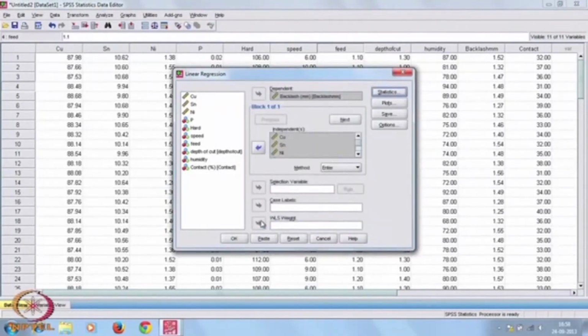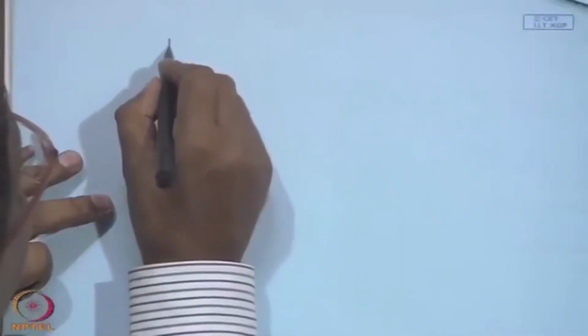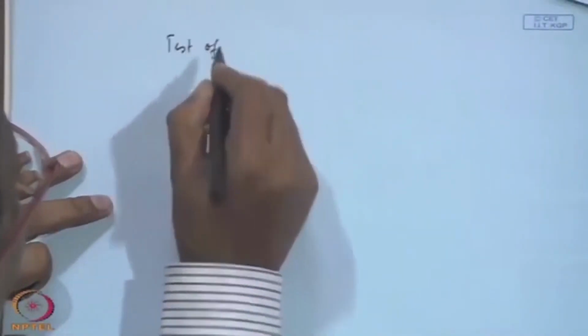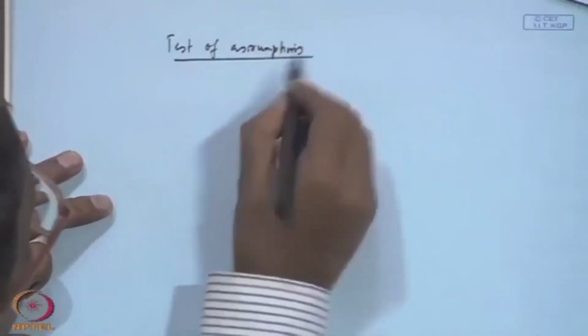Click continue. Then there are plots. What type of plot you want to see? In multiple regression, what are the plots I have told you? I told you about the test of assumptions, if you can remember, and there are many plots.